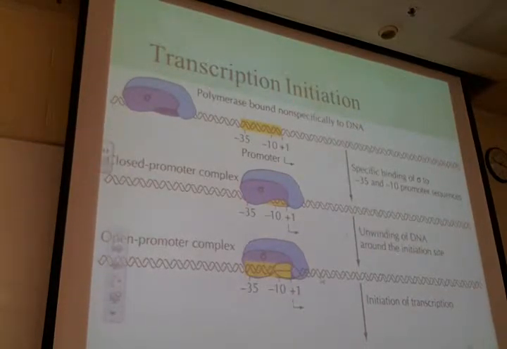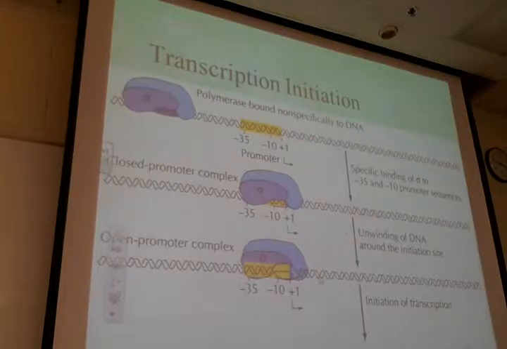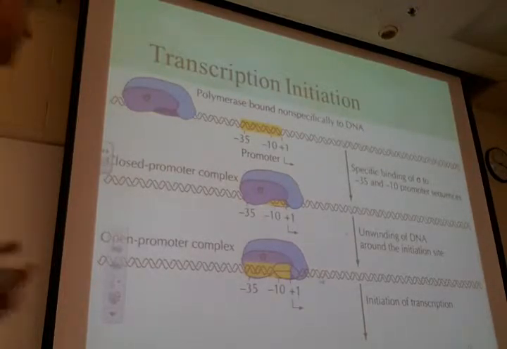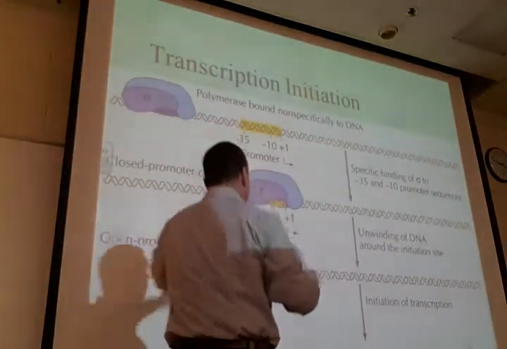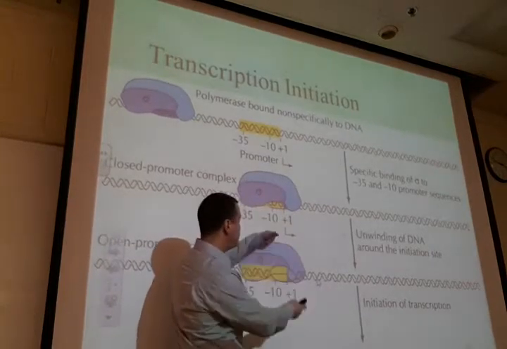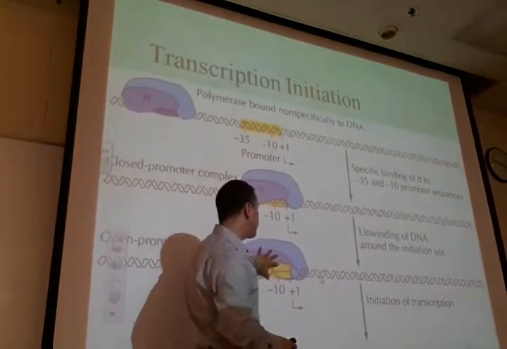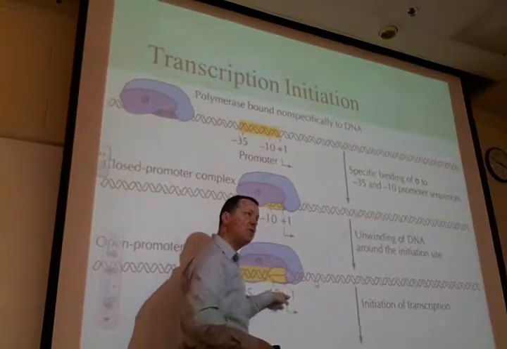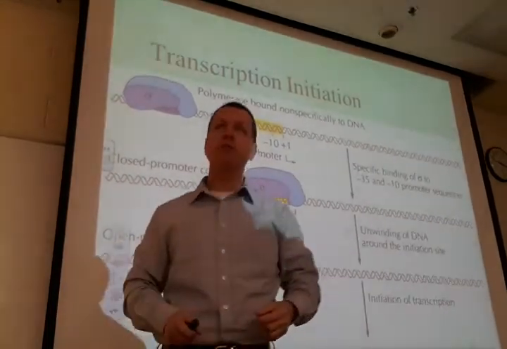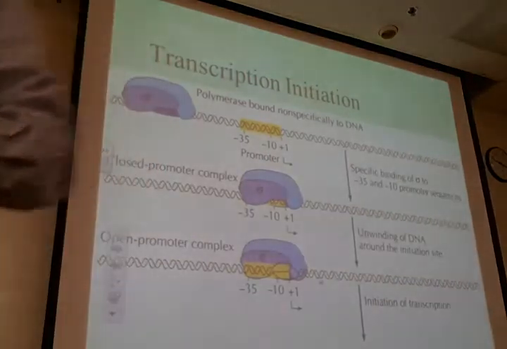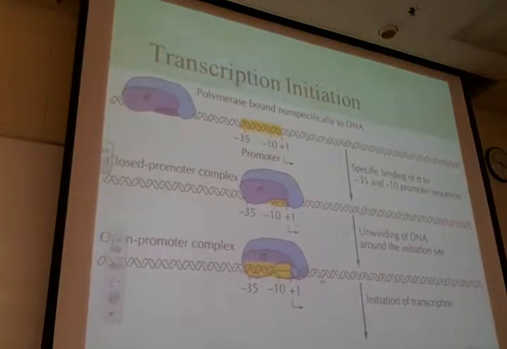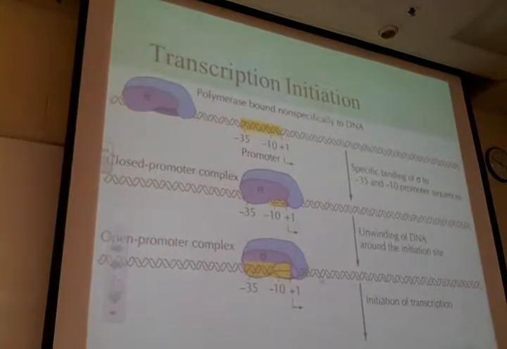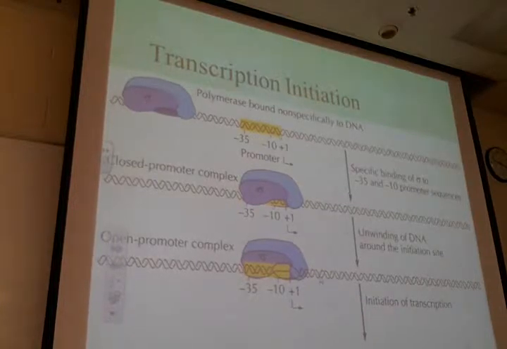So that's the initiation part. That's how the process gets started. Sigma recognizes the promoter, binds there, opens up the -10 sequence, and by doing all of that, hopefully correctly, it positions the enzyme right at the +1, right at the first nucleotide of the actual gene itself. Does that kind of make sense? And so that's why we need sigma there at the beginning.